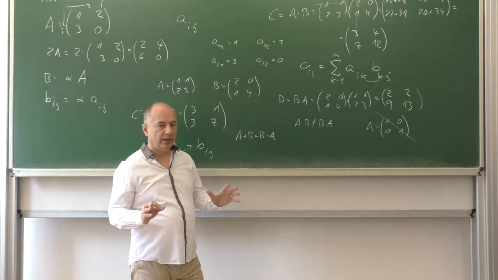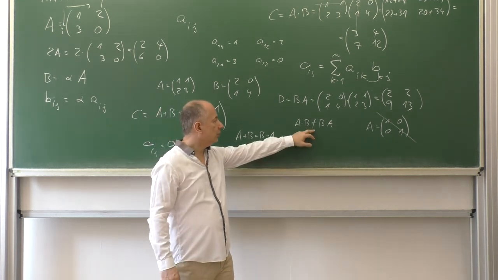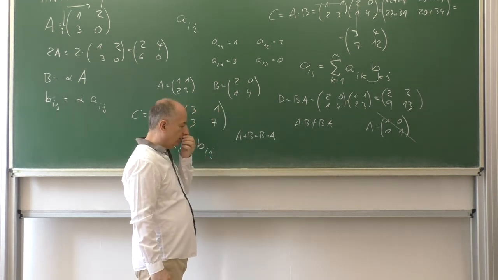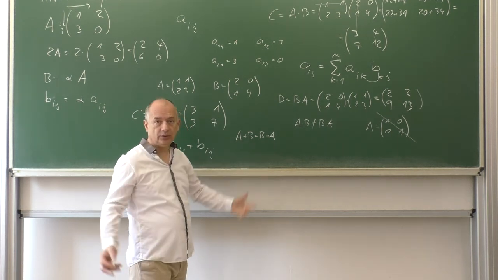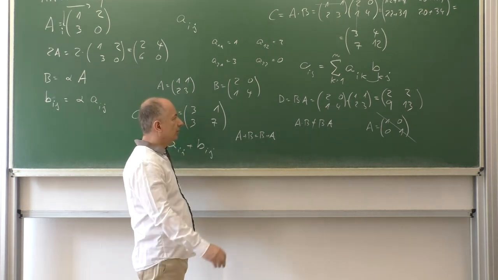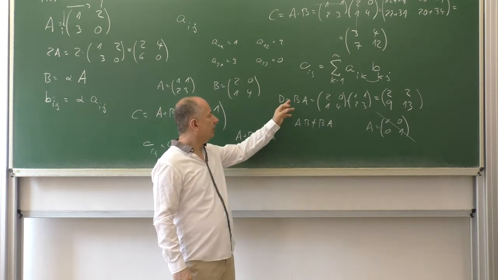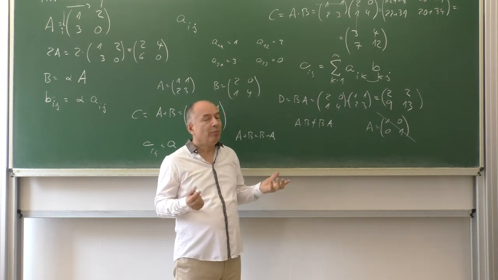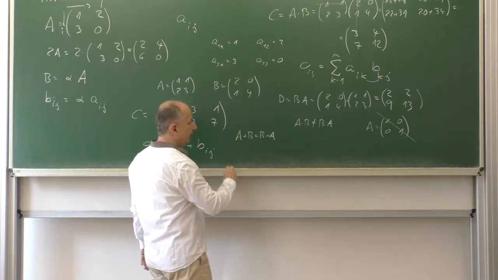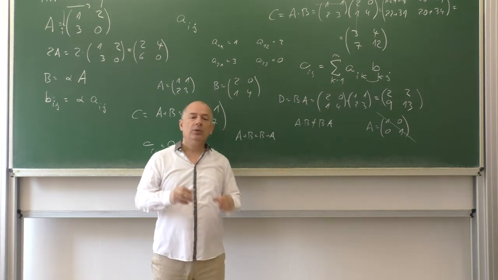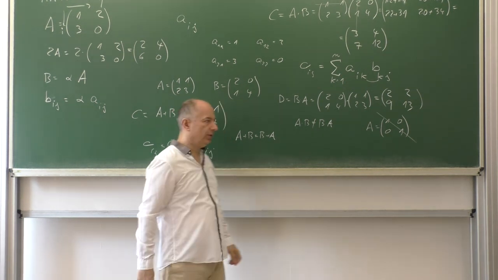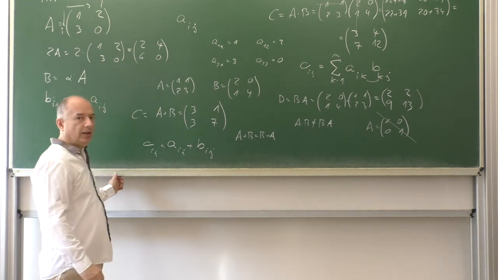So in some special cases, it is true. This means it is not true for all matrices. In general, we say that A and B do not commute. If for some special cases AB is BA, we say these two matrices do commute. Well, this is a special situation, not a typical one, but it may happen.